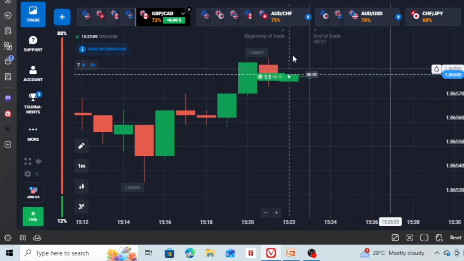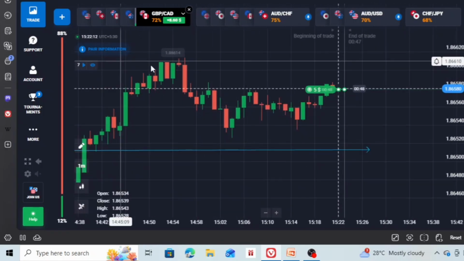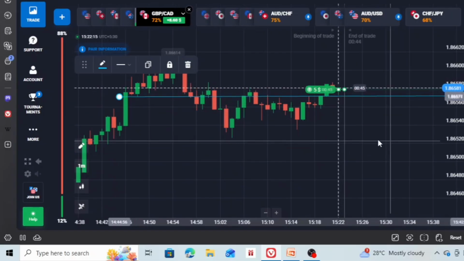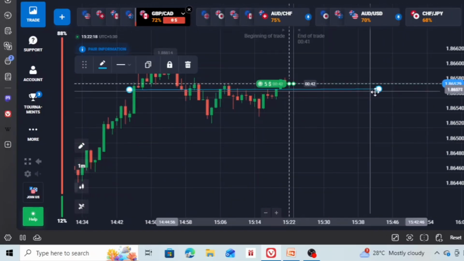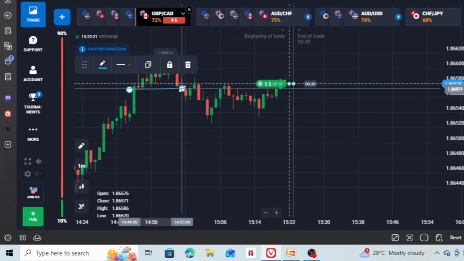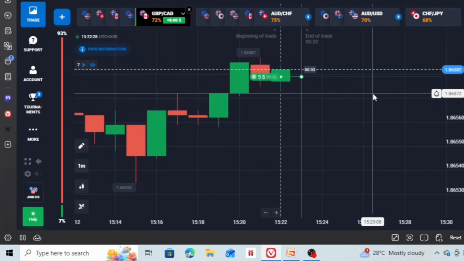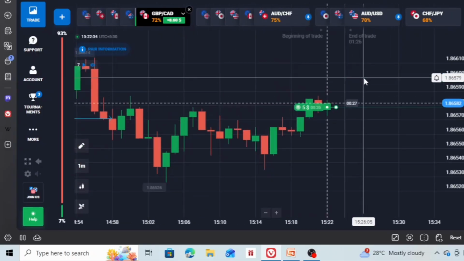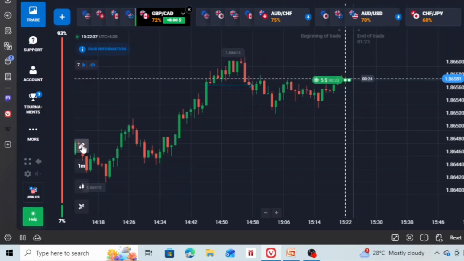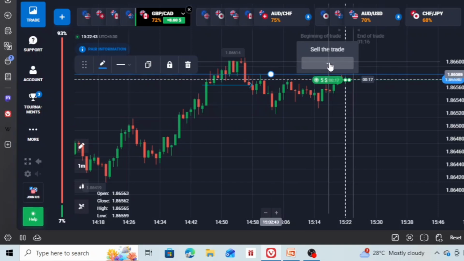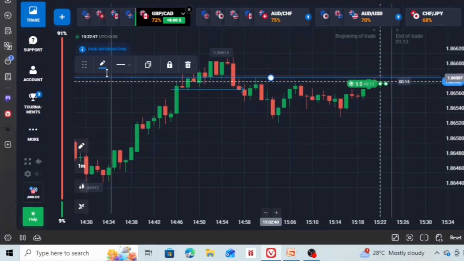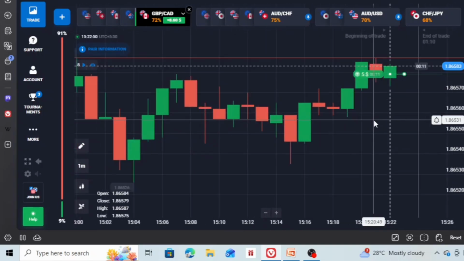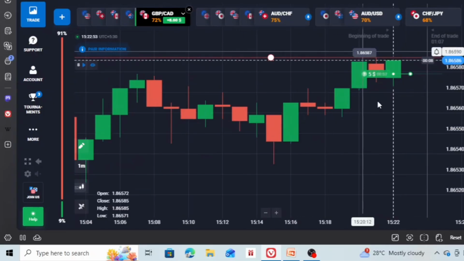I will explain the logic behind the trade. Let's just wait for the closing of this particular running candle. It's kind of risky also because we don't have much space available.